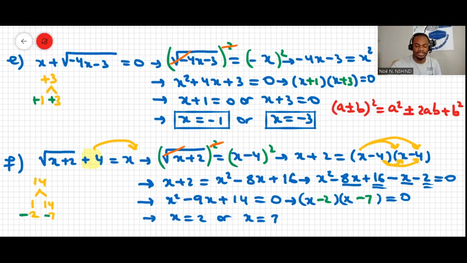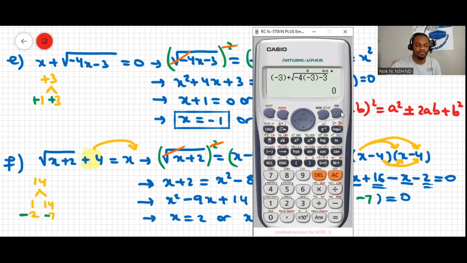Now we can check on the calculator to see which solution will be valid. So I'm going to write here square root of x, I keep x in the bracket like that, plus 2, and then outside the bracket plus 4, and then see if x is 2. I sub 2 there and hit the equal button, we got 6.